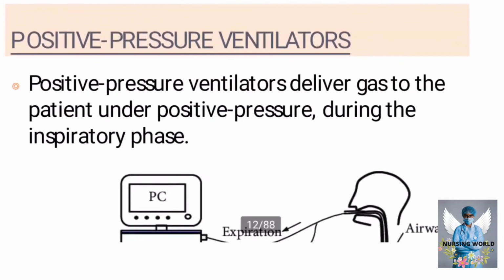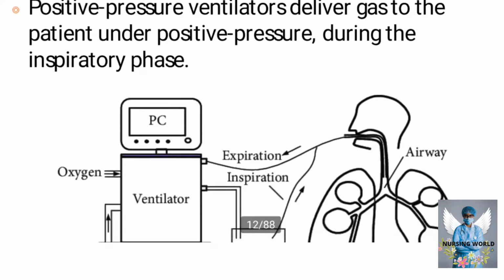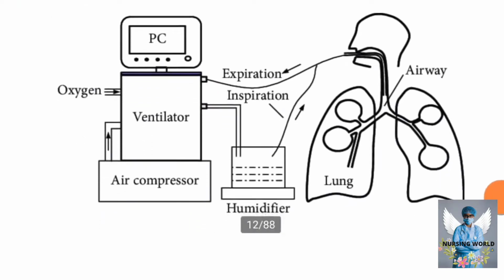Next, we are going to see the positive pressure ventilator. Positive pressure ventilators deliver gas to the patient under positive pressure during the inspiratory phase. This is how the machine looks, and patients will be getting positive pressure to the lungs.